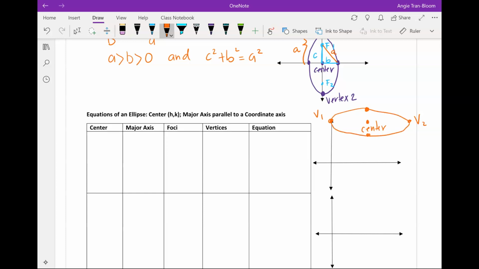Okay, so here's not a very pretty ellipse, but we will stick your foci, focus 1 in here, and focus 2 in here. This distance is going to be called C. This distance will be called B. And this is always A, the hypotenuse.